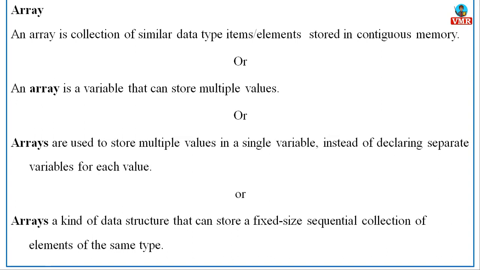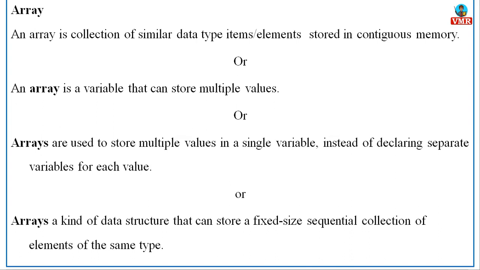Till our previous lectures, we had seen a data type and one variable, and you assign one value to that variable. In arrays, you take one single data type and give it one variable name, and then you can assign n number of elements to that one variable. But the only condition is that whatever data type you give, only elements of that data type can be given to that array.